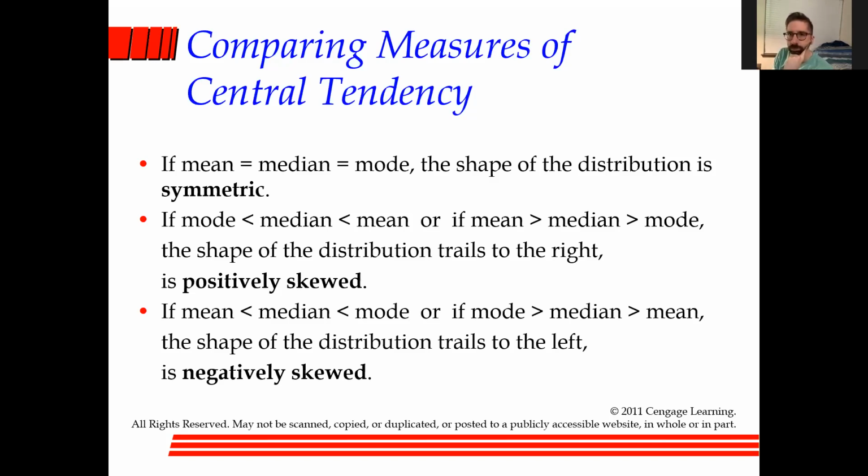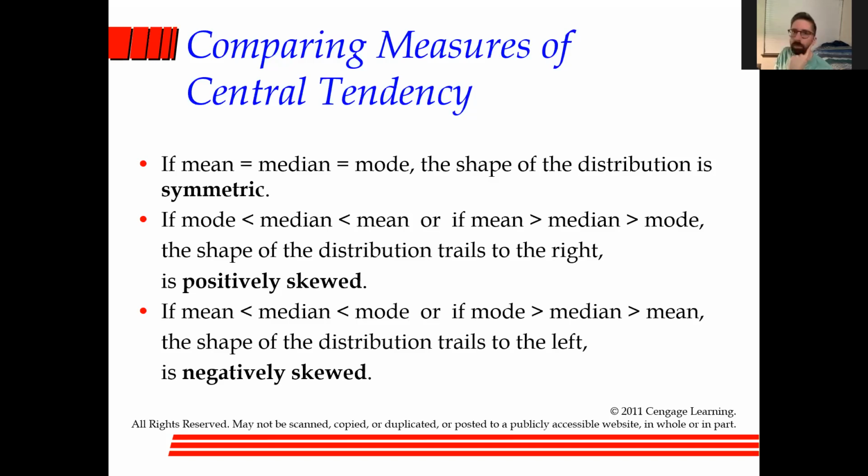Now, if there is a significant difference between the mean, median, mode, then we say that the distribution is skewed. Skewed means non-symmetric. That's what it means. If, and here's the big thing here, if the mean is significantly bigger than the median, and the median is bigger than the mode, this is called positively skewed.